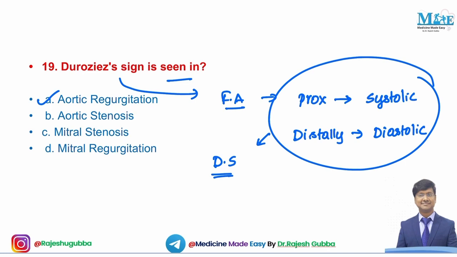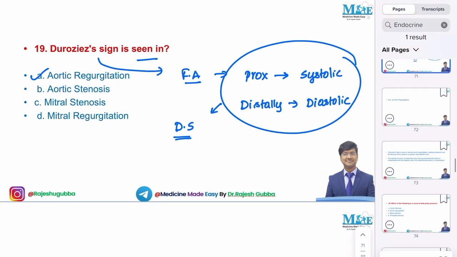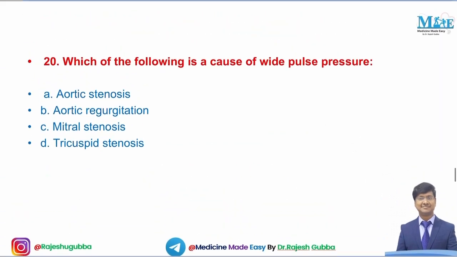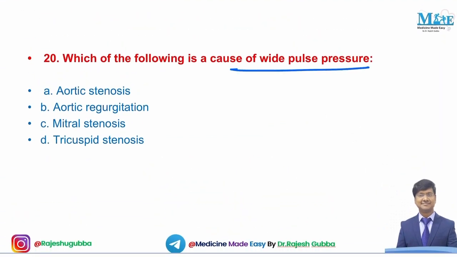Okay, next question. Which of the following is the cause of wide pulse pressure, which is nothing but the difference between systolic and diastolic blood pressure? Aortic stenosis, aortic regurgitation, mitral stenosis and mitral regurgitation. Okay, so the answer is pretty easy, that is aortic regurgitation. But in case of aortic stenosis, how will the pulse pressure be? It will be a narrow pulse pressure.